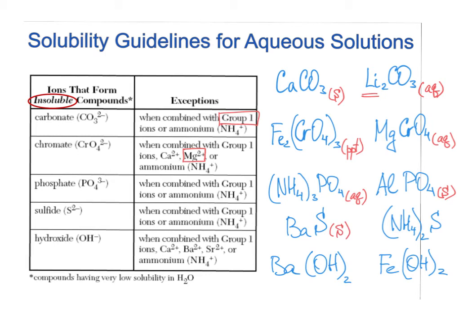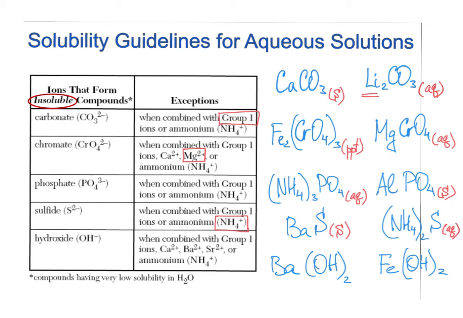However, the ammonium ion happens to be one of those exceptions, so when we see our sulfide ion showing up in the company of the ammonium ion here, then we know we're talking about a compound that can form an aqueous solution.